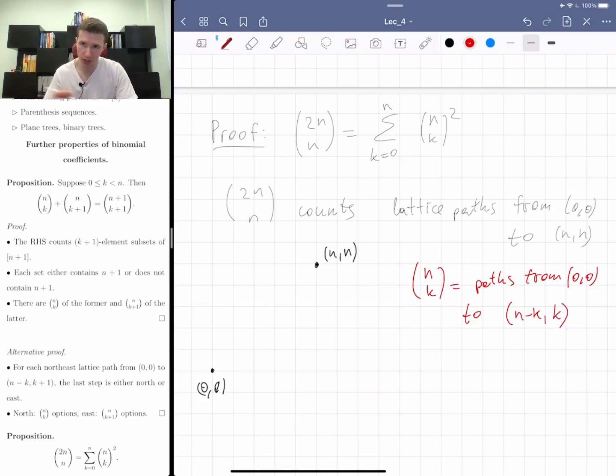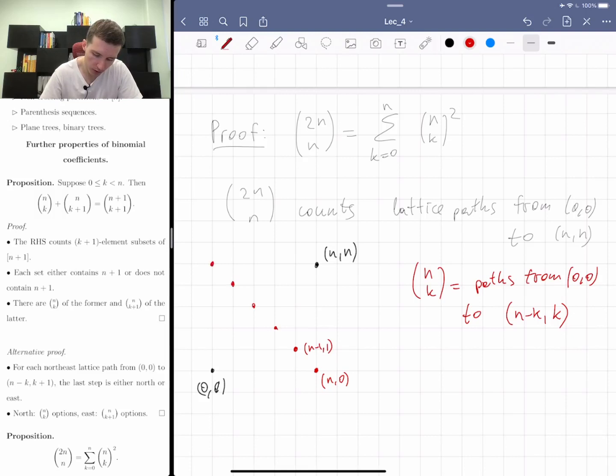And here k is a variable parameter. So you look at where all these points can be in the plane. The first point is k equals 0, n comma 0. And the next one is here, n minus 1 comma 1, and so on.